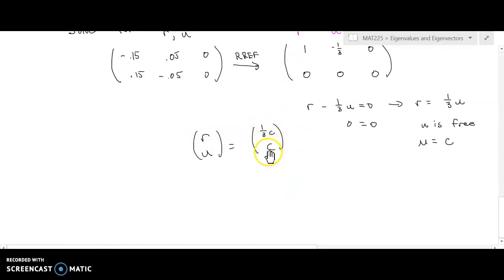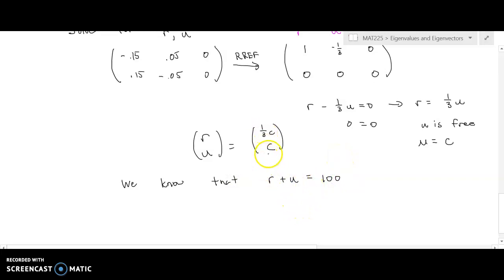So how do we get the 25 and 75? Well, we need one more constraint to help us find a unique solution. So we know that R plus U equals 100 at any given time, since we always have a population of 100 people.